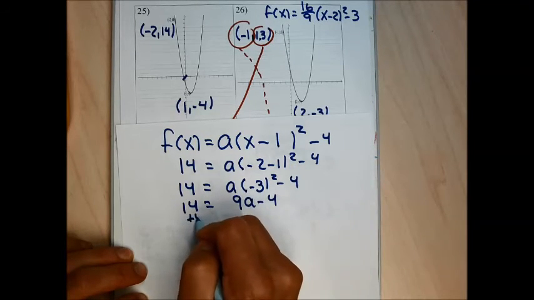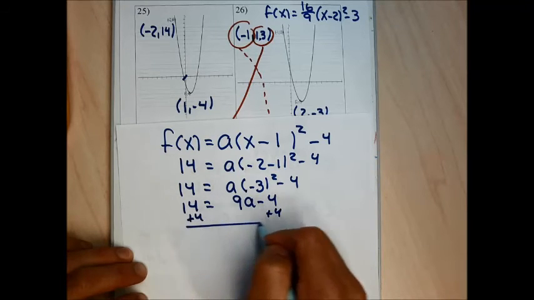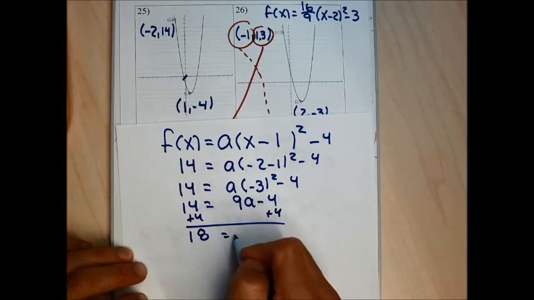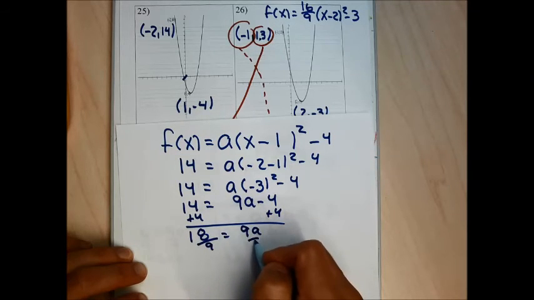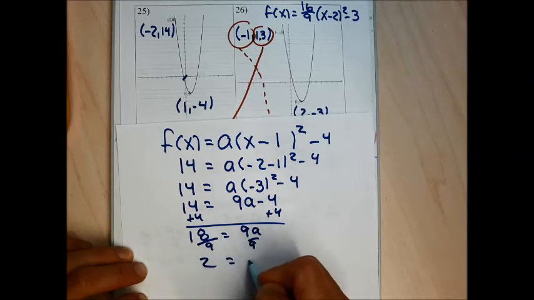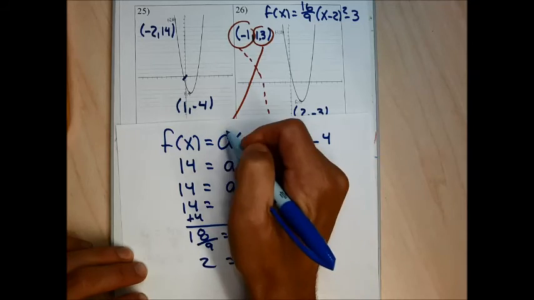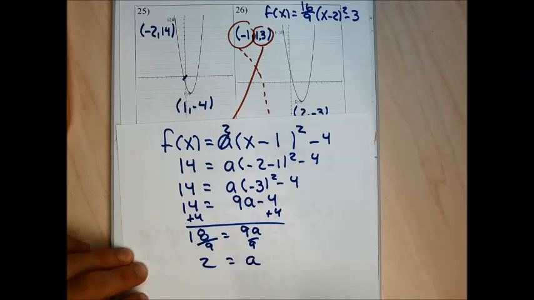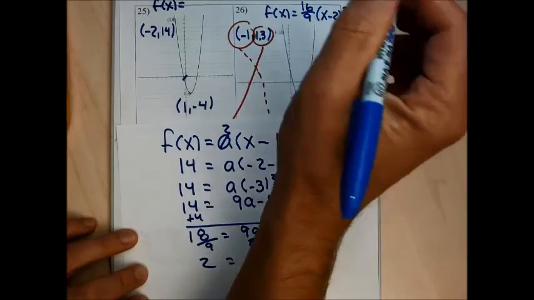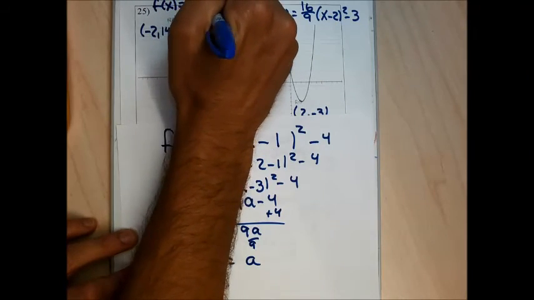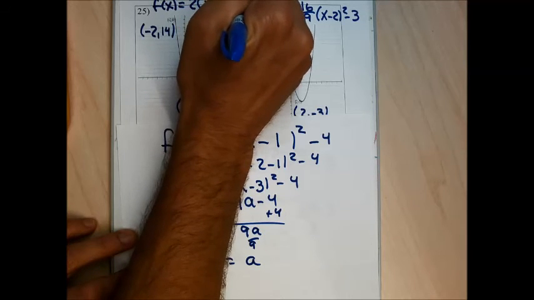I'm going to add 4 to both sides. This is going to give me 18 equals 9a. And then I'm going to divide both sides by 9. This is going to give me 2 equal to a. I'm going to change this a to a 2, and your answer to problem 25 is going to be f of x equals 2 times x minus 1 squared minus 4.